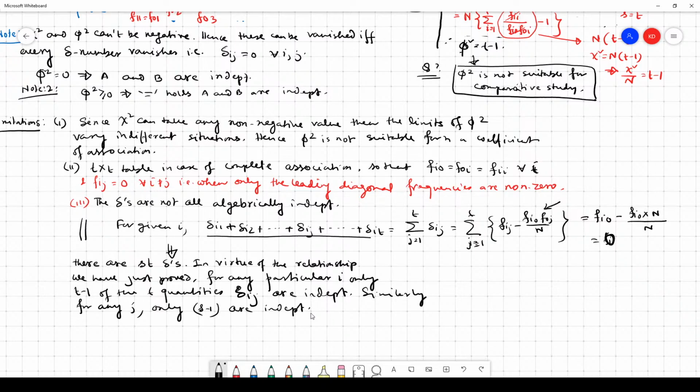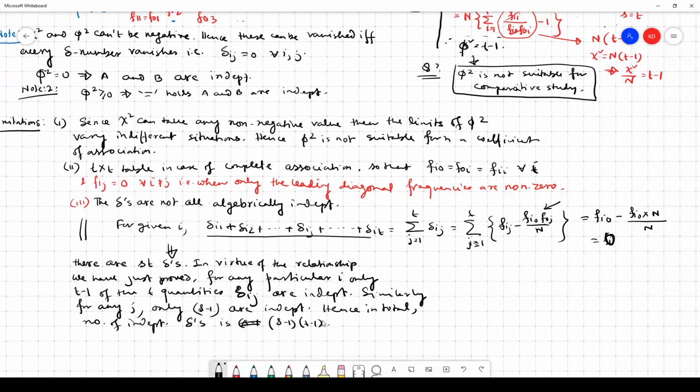Hence, in total, the number of independent deltas is s minus 1 into t minus 1. So this is the degrees of freedom of this test.